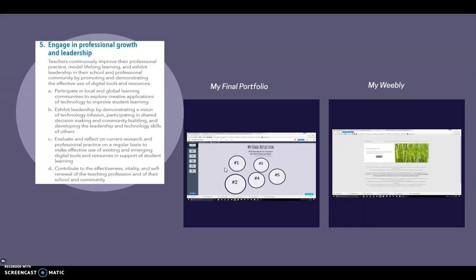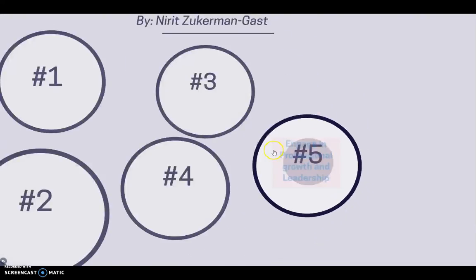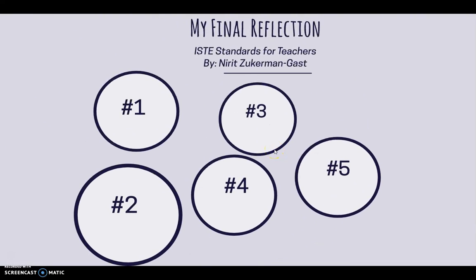As a part of each assignment, I had to reflect on my professional practice and digital projects in which I believe will help me in the future to better support my own students' learning. Okay, and that is it for my final presentation on the 5 ISTE standards for teachers.